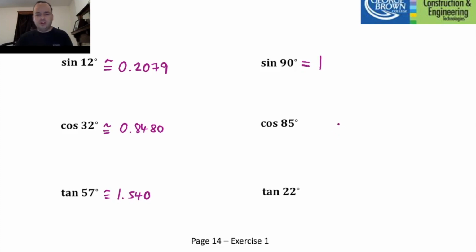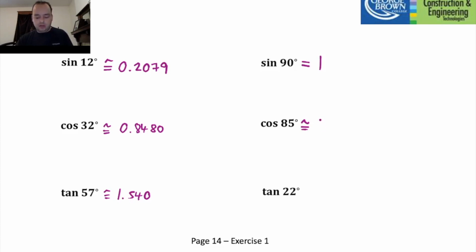Now you might be wondering, how do I get a 90 degree angle when the triangle has 90 degrees already? If this was 90, then this would be 0. So what's going on there? Well, the sine of 90 is beyond the scope of a right angled triangle. It's a more advanced part of trigonometry where you extend the trig ratios, sine, cos, and tan, and other ones, to angles that are beyond 90 degrees.